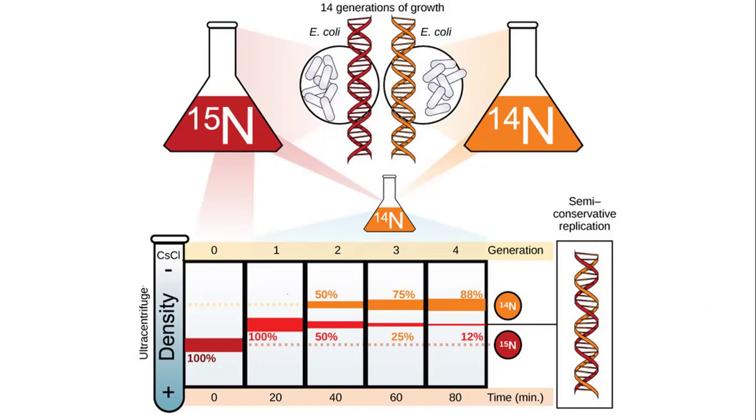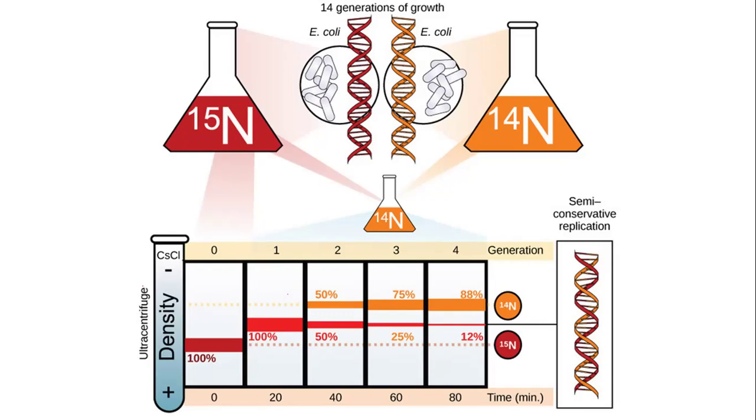After a generation, they allowed it to grow, like you can see from zero, from one to two to three to four generations, and then they centrifuged and were able to study it. Remember that 15 is an isotopic form of nitrogen.